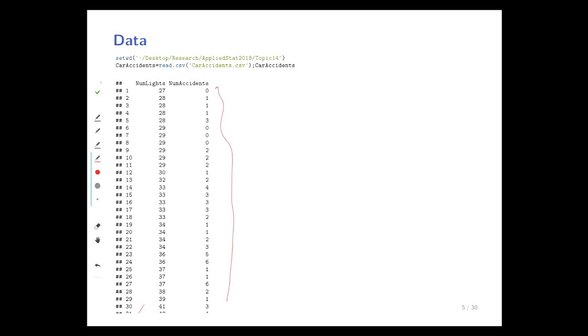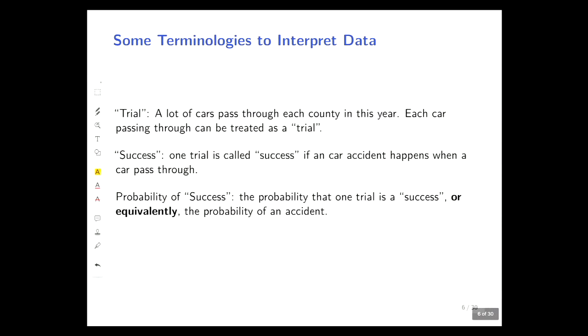So remember this feature. Then let's use similar terminology to help us interpret the data. Here we also have a trial, even though this is just an abstraction of the real case. We can consider that a lot of cars pass through each county in this year. Each car passing through can be treated as a trial.